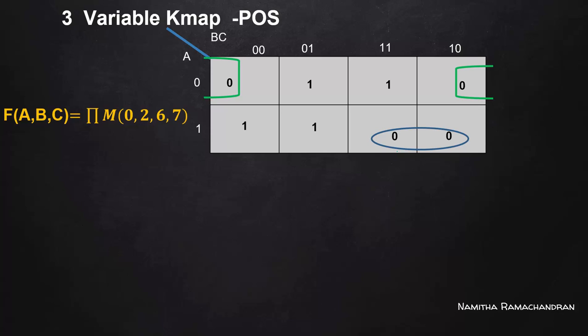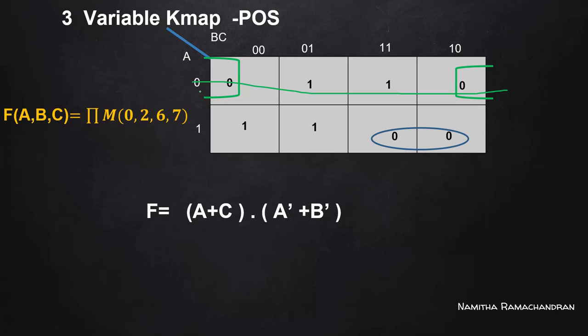In the POS form, remember the point: if the variable with value 1 is present, we need to mark the complemented form of it. If the variable with value 0 is present, then use the original form of the variable. So consider one group. For these two zeros in this particular group, which value is common? This particular row is common.